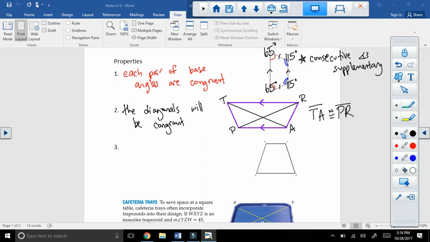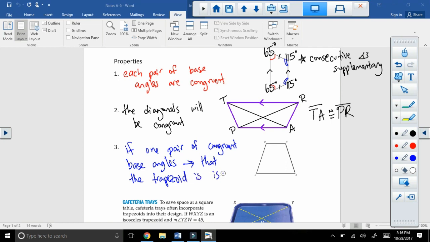The next one really just mirrors this first one, but I wanted to put this here too. You're going to be able to tell that it's an isosceles trapezoid if you have one pair of congruent base angles, and then you will know that the trapezoid is isosceles.